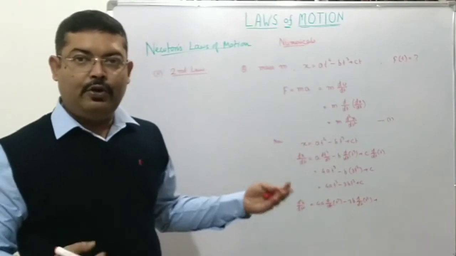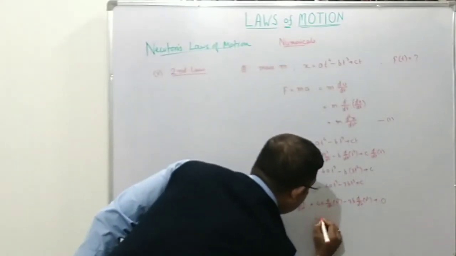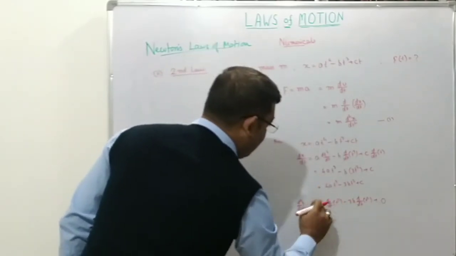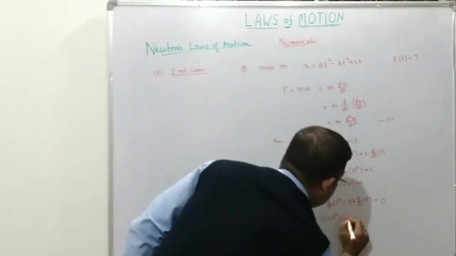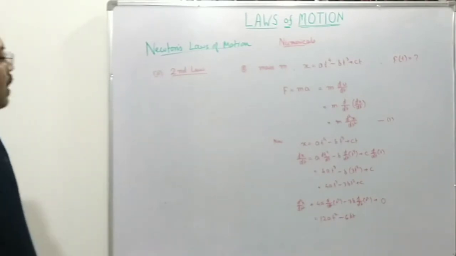The constant is not going to change with respect to time, so it will be 0. So this becomes equal to 3 into 4, 12a t square minus 3 into 2, 6b t. Right?